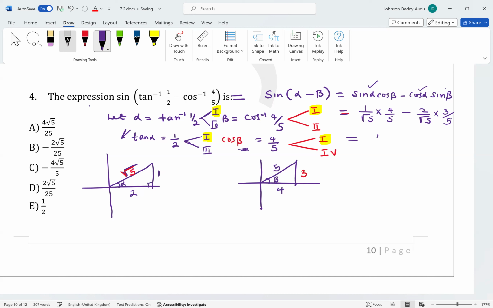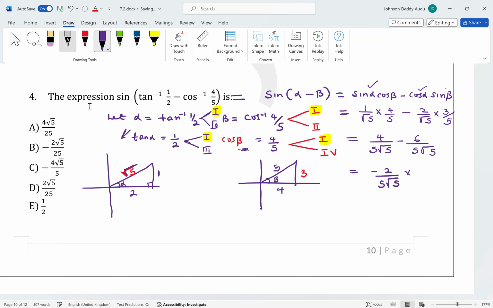So everything now is going to be 4 over 5 root 5 minus 6 over 5 root 5, right? And this is nothing but minus 2 over 5 root 5.